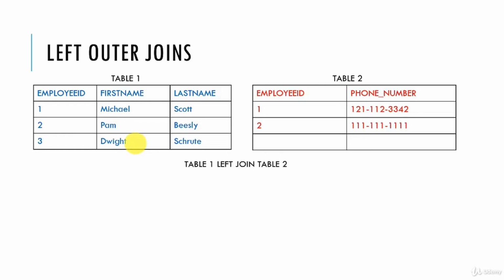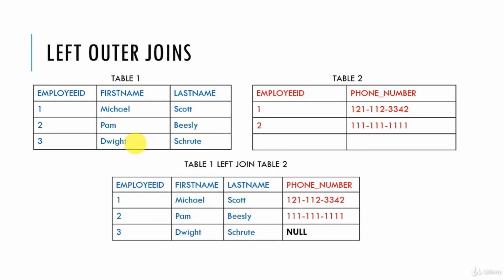Left join basically says give me all the rows of table 1, and also give me all the common rows of table 2. But if you don't find a common row, if you don't find a join, just replace by null.